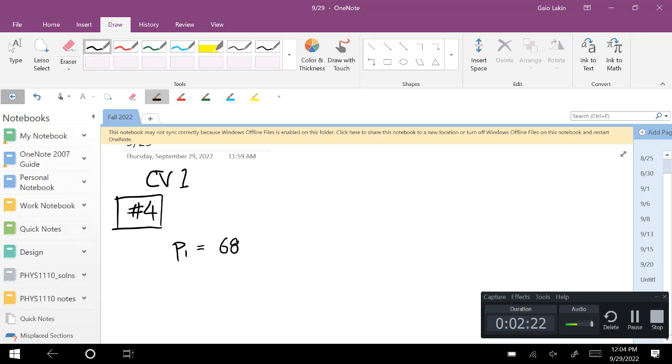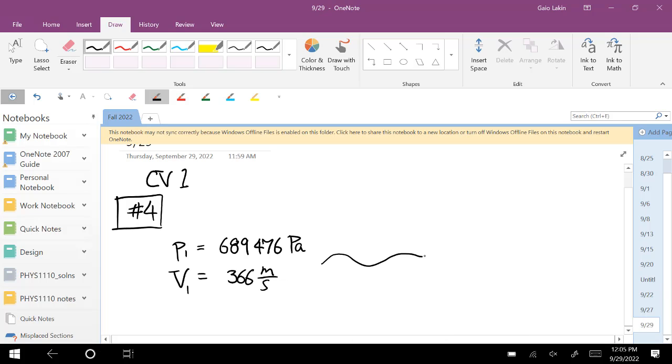Oh, yep. Okay, so P1 is, after you convert, 689,476 pascals. And the speed at instant 1 is 366 meters per second. And it goes through a diffuser, which means the pressure is going to be higher and the speed is going to be lower when it comes out.